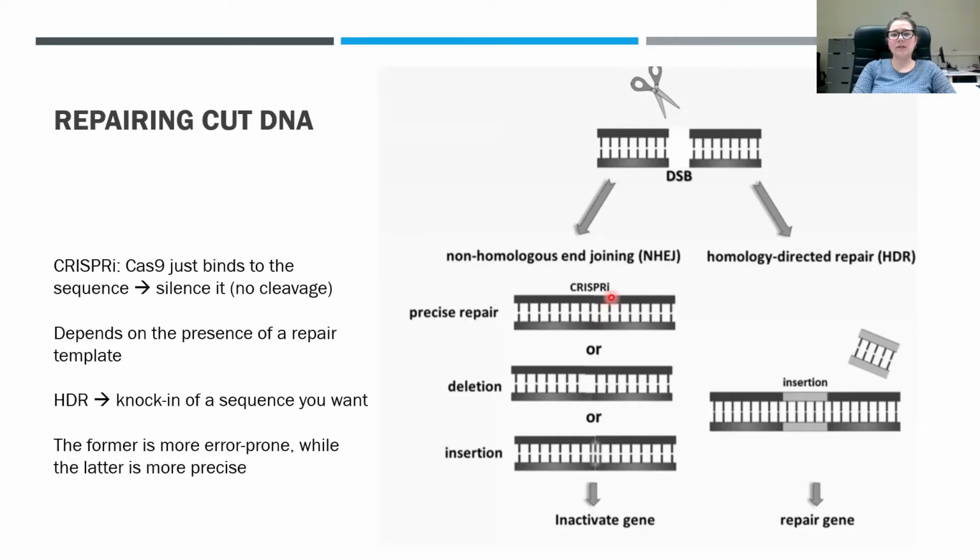That means that Cas9 nuclease binds to the target sequence and just silences it, meaning that no transcription factors can bind to that DNA and transcribe RNA from DNA and then make protein. Also, DNA can be repaired by deletion or insertion so that the gene is inactivated.